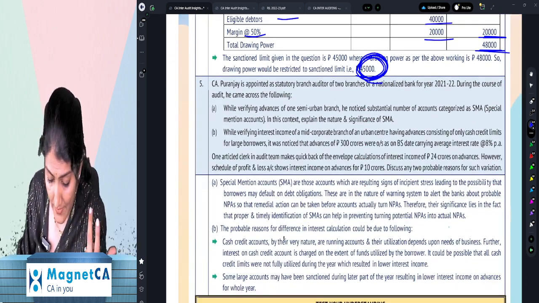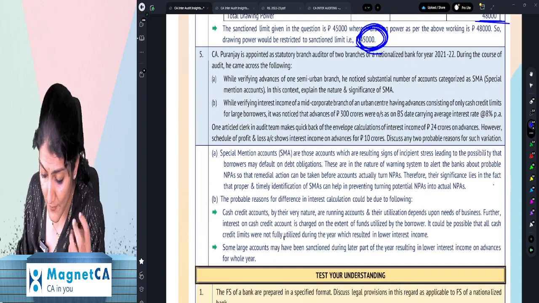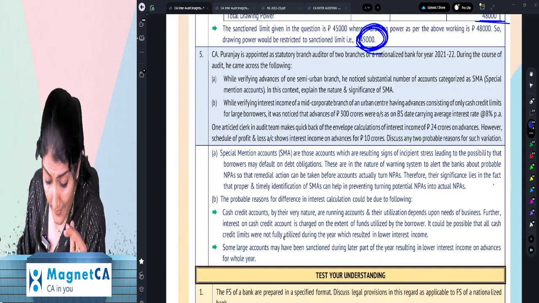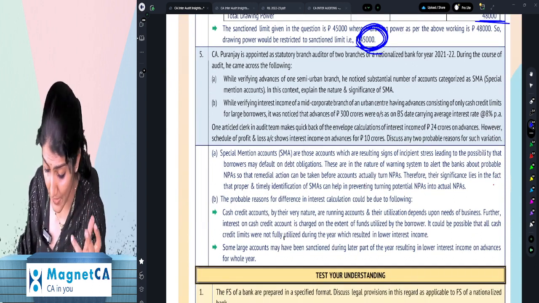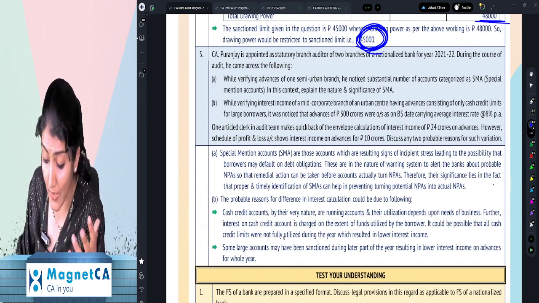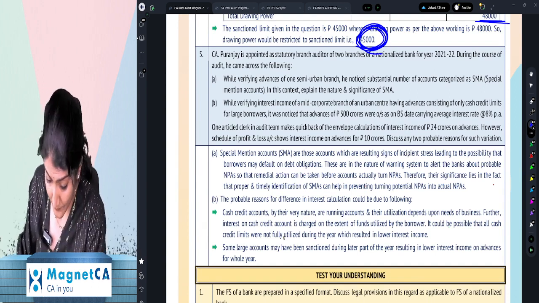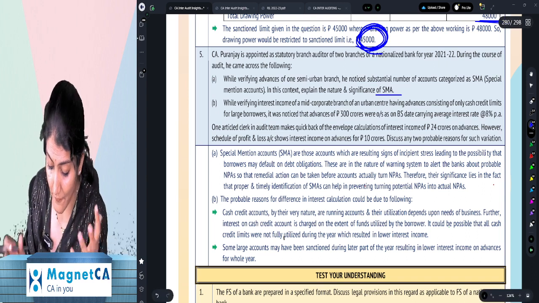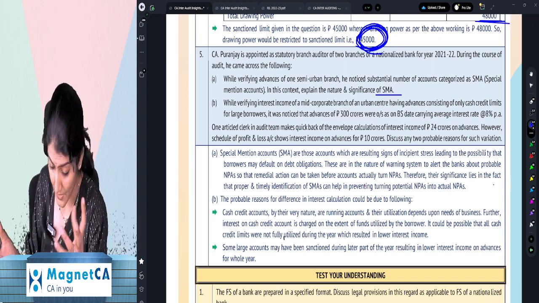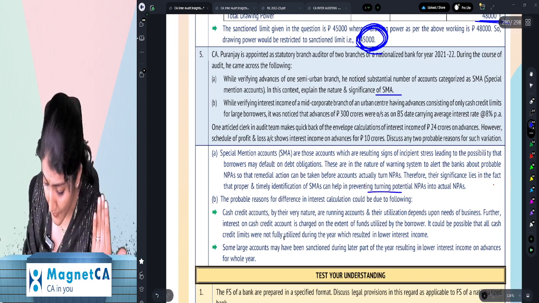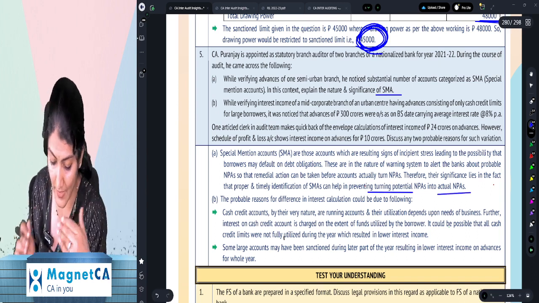Right, then Puranjay is appointed as an auditor of 2 branches of a nationalized bank, and while verifying the advances of one semi-urban branch, he noticed a substantial number of accounts categorized as SMA. Explain the nature and significance of SMA, a special mention account, which can help in preventing potential NPAs from turning into actual NPAs.